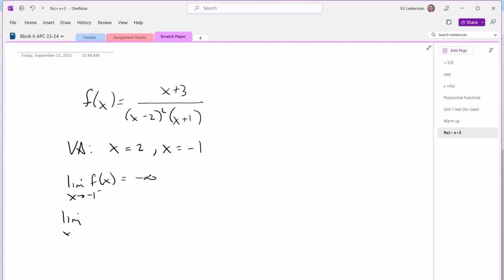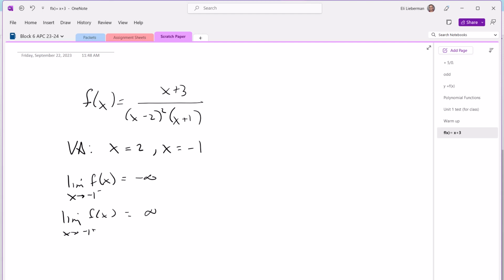On the other side, as x is going to -1 from the right, this limit is going to... So in this case, it won't be -1.0001. This is going to be -0.9999. I think it makes a difference here. But it suddenly becomes a tiny positive. A positive divided by a tiny positive, the result will be infinity.